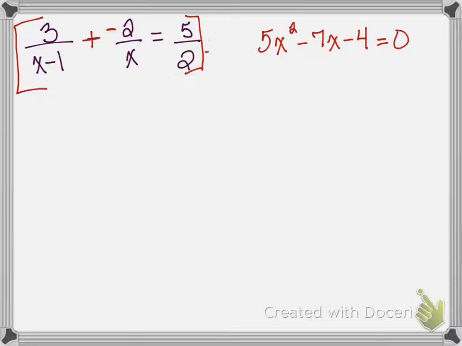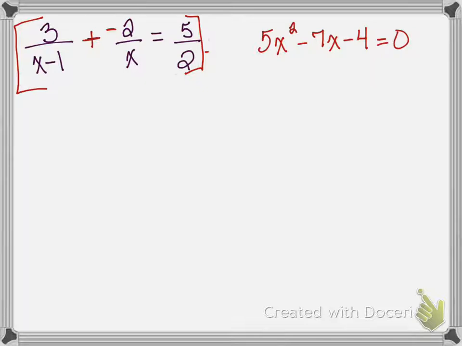So I can use the quadratic formula, or I can use completing the square. I am going to use the quadratic formula because I don't have a value of 1 for A and my B is odd. So this would just be a whole bunch of chaos. It would still work, but it is a little bit more difficult.